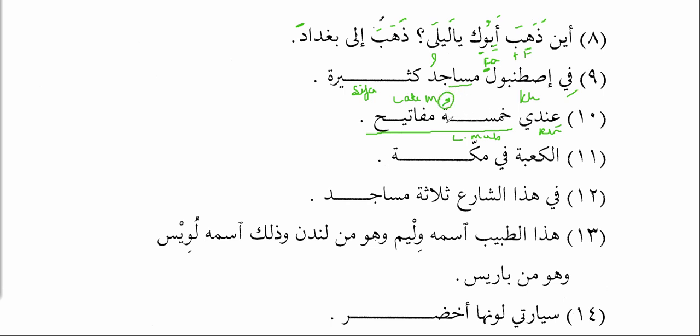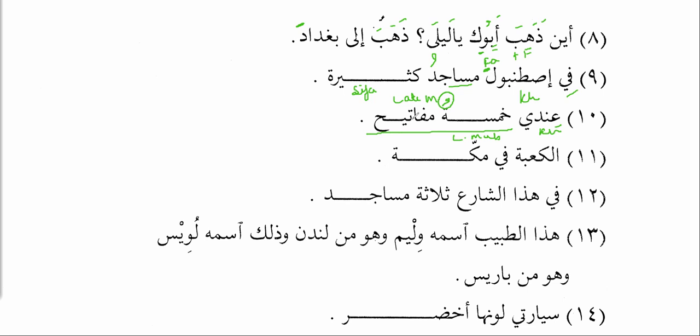Why single? Khamsatu is not from the ghair munsarif, then why single? Because this is the number and it is in idafa. Remember, 3 to 10, the number names are in idafa, and the counted noun is in plural form. Now, what kind of noun is this plural form?